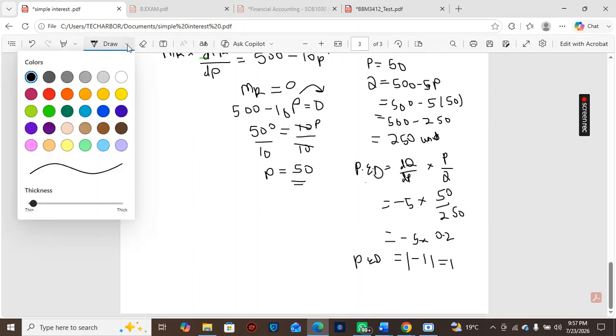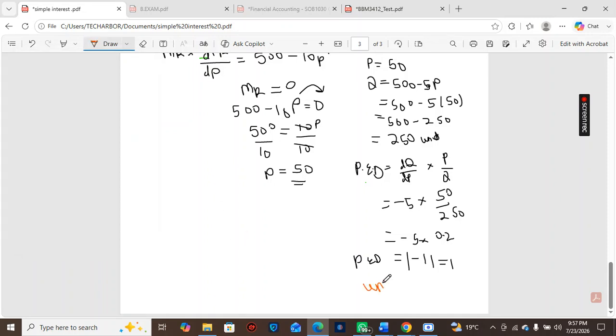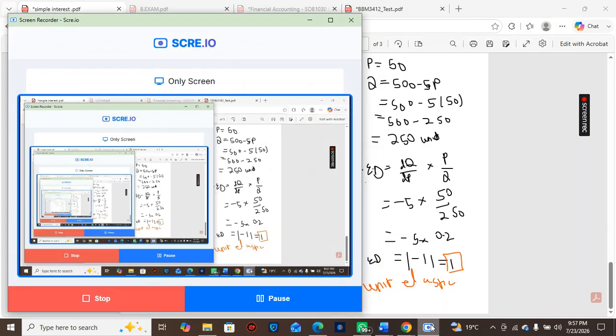Since 1 is equal to 1, demand is unit elastic, and the price is 50. Because our price elasticity of demand is 1, demand is unit elastic. Yes. Any questions, colleagues?